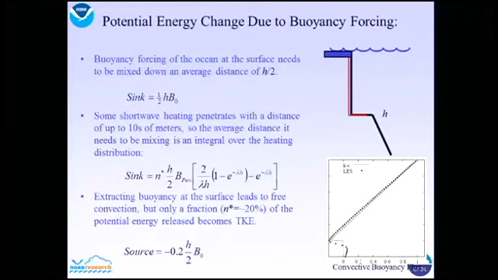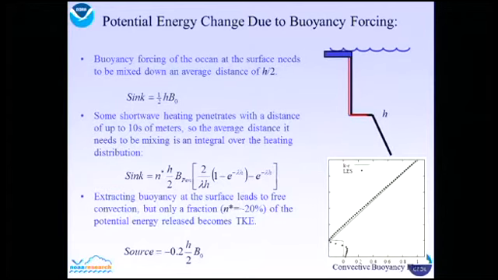So those are pretty simple cases. In the ocean, you have shortwave heat that penetrates into the ocean. Anybody who's been out snorkeling knows that a lot of the red light gets absorbed at the surface, but the blue light can penetrate down some tens of meters in clear water. And so we want to take that into account, because the heating is not occurring in a thin layer at the surface.